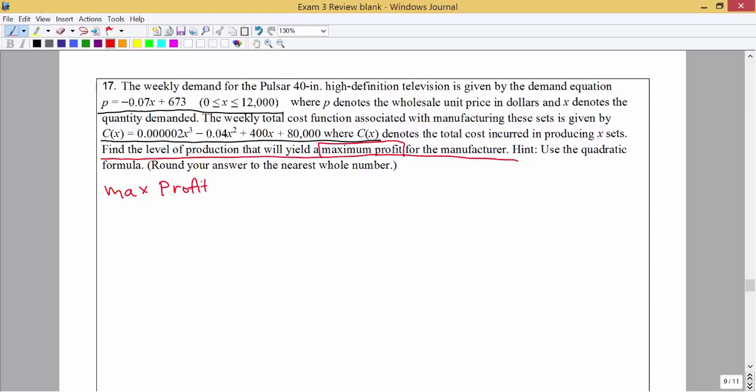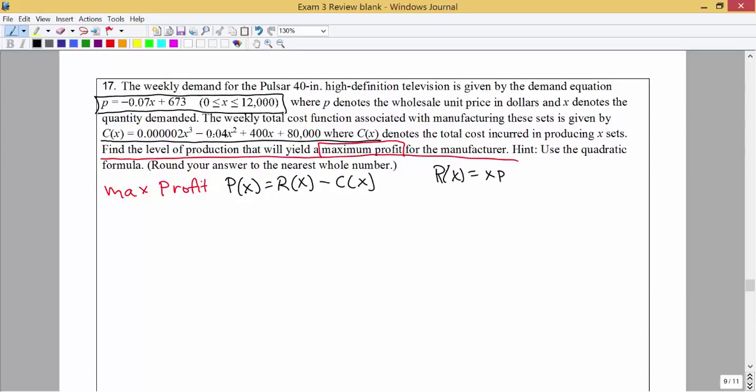So we need to come up with the profit function first. And of course the profit function is equal to the revenue function minus the cost function. So in order to figure this out, we first need to find the revenue function. And remember that this is not the revenue function, but the revenue function is price times quantity.